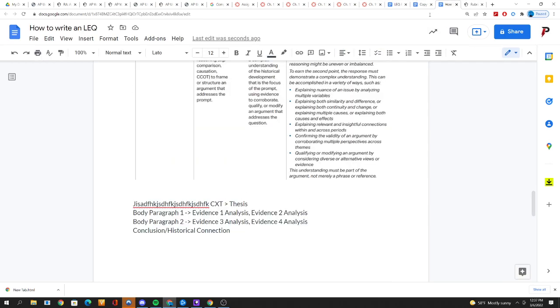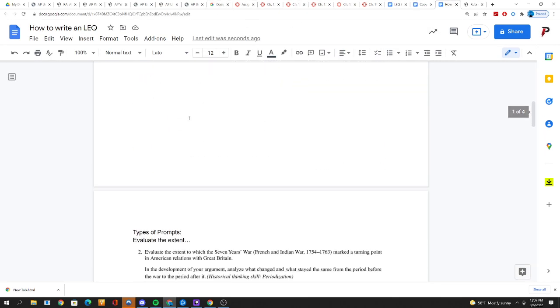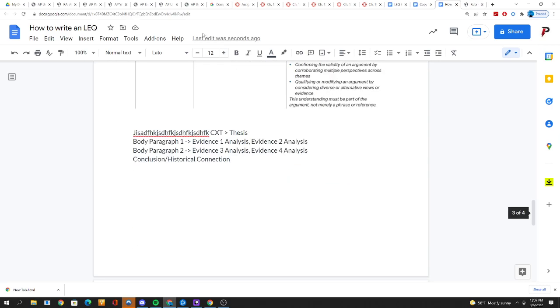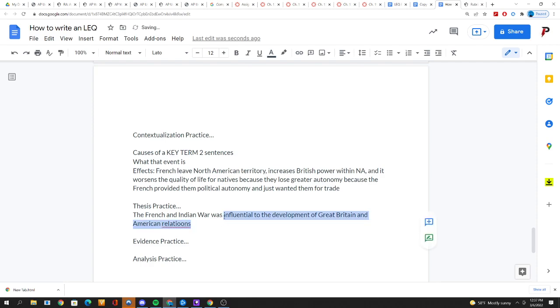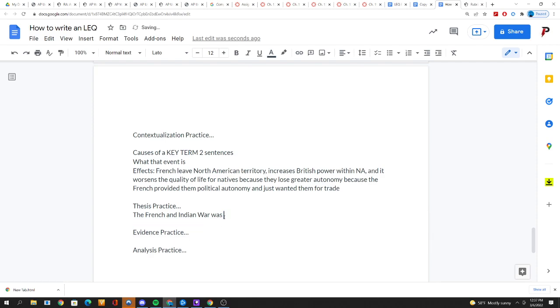So I will write one right here, again with context of the second prompt. The French and Indian War was, and instead of just saying words like influential to the development of Great Britain and American relations, you don't want a neutral connotation, you want to say was detrimental, right?